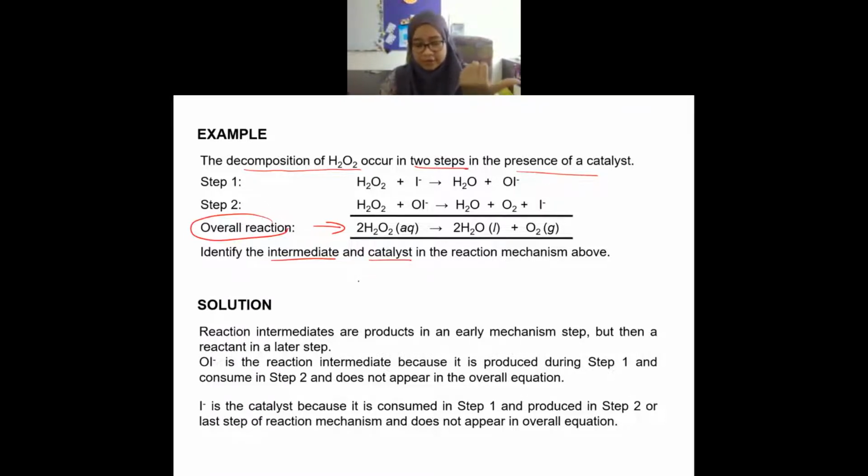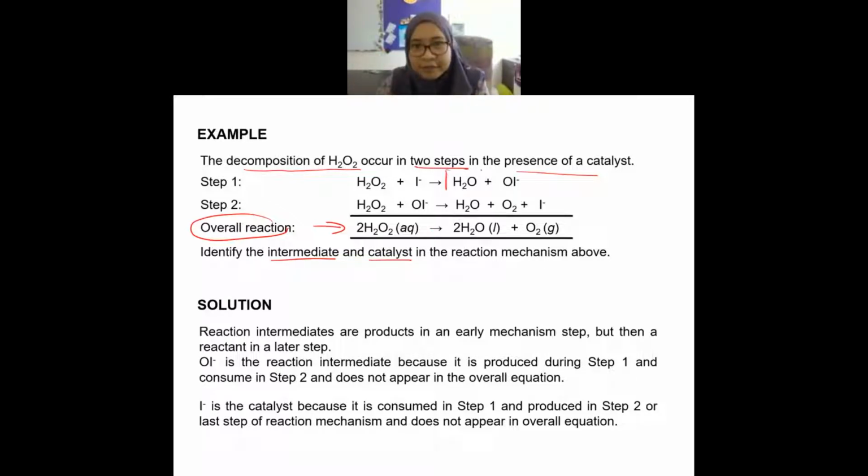Just now we determined the intermediate and identified the characteristics of an intermediate. It can be cancelled out. But first, it should appear as a product in the first step, and then in the following step it will appear as the reactant.